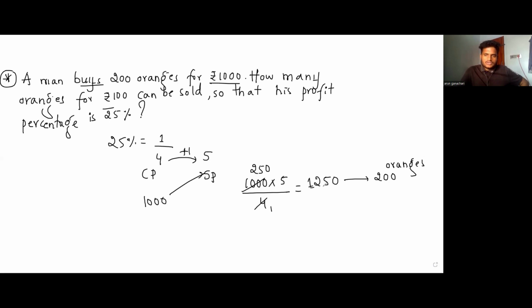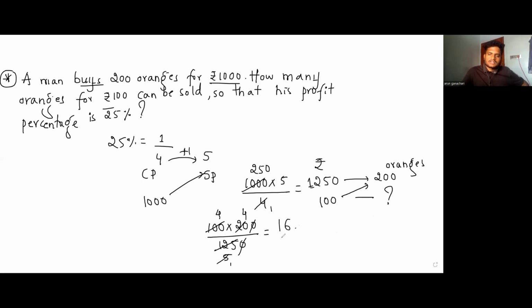For 1250, he has to sell 200 oranges. So how many does he have to sell for 100 rupees? Cross multiply and get the answer. 100 into 200 divided by 1250. I'll cancel these two zeros. 25 fives are 125, 25 fours are 100, and so on, which gives 16.